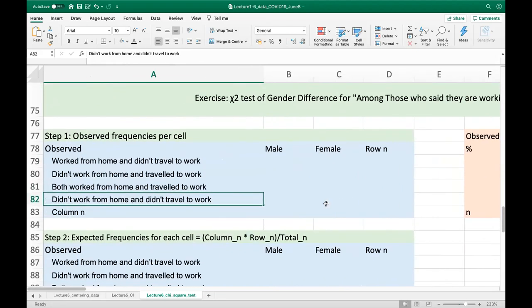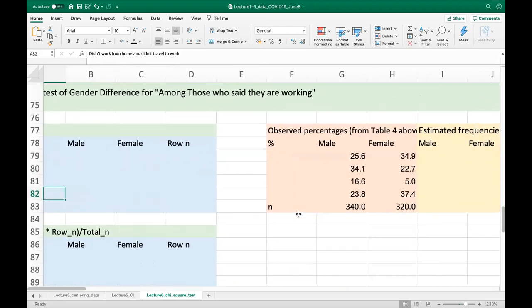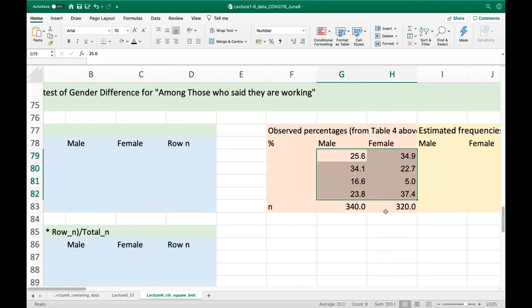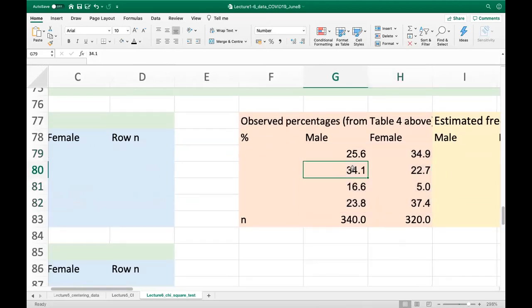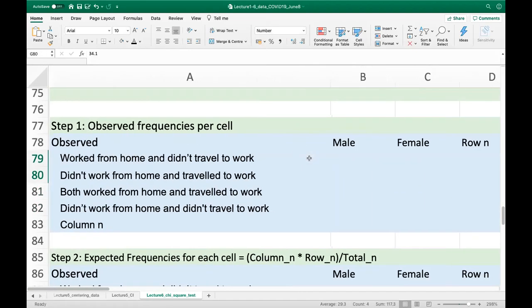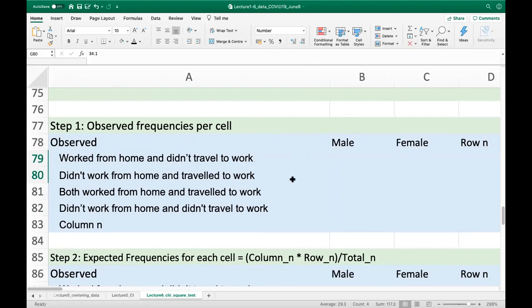Okay. So here is the distribution of the probabilities. And if we look at the results, it seems that males are relatively more likely than females to say that they didn't work from home and traveled to work.